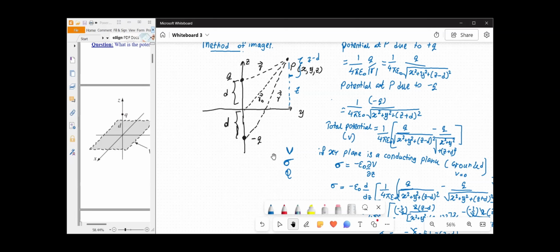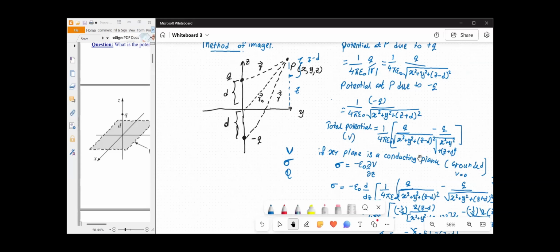So our first calculation for the potential shows that the xy plane acts like a grounded conducting plane where the potential is 0. When z is equal to 0, we have q over the square root of x squared plus y squared plus d squared minus q over the square root of x squared plus y squared plus d squared.